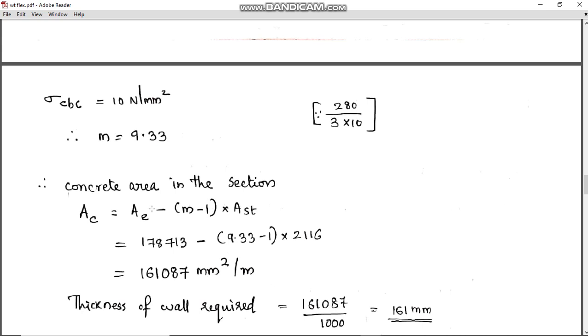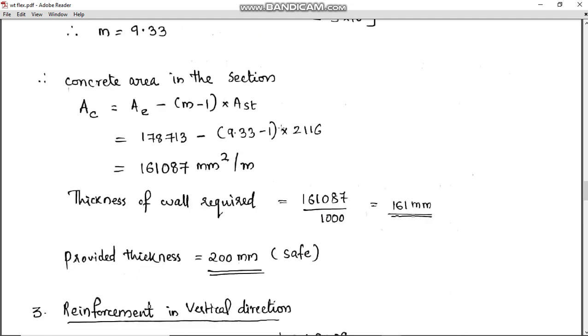Then substituting that value of modular ratio in this equation, we have area of concrete as this. So equivalent area we have already found. Then substituting the value, we will get area of concrete. Then we can find out the thickness of wall required from this equation.